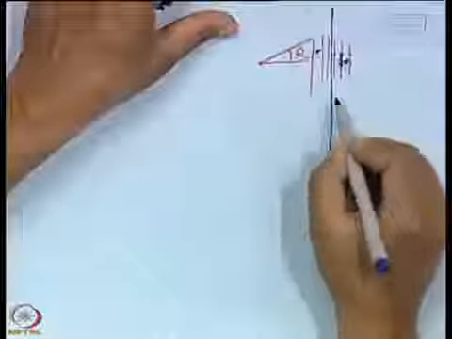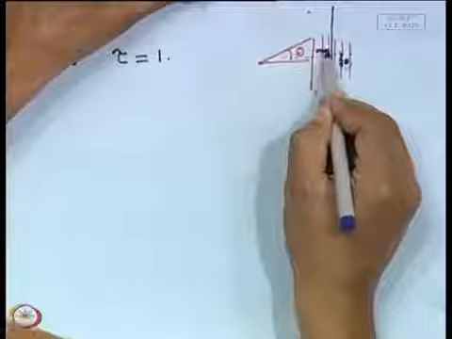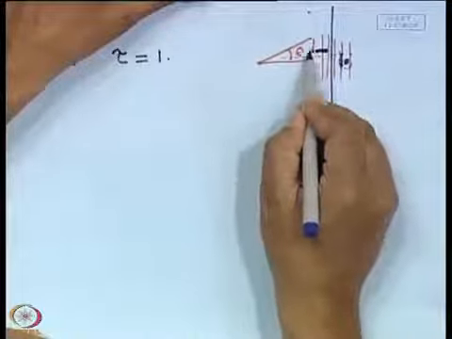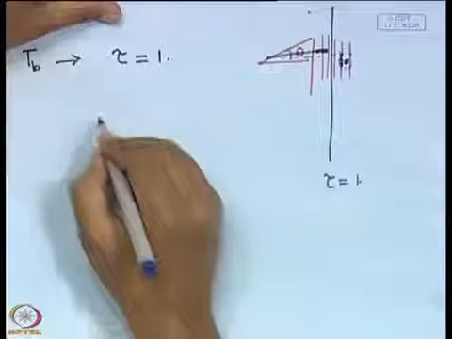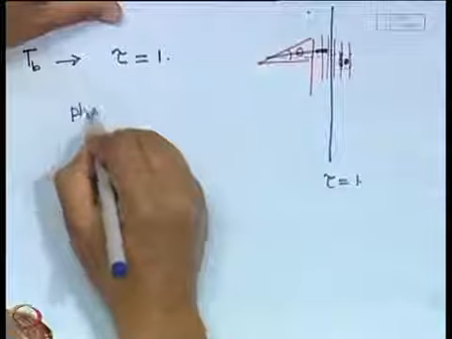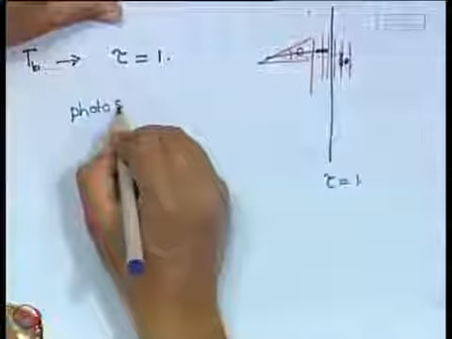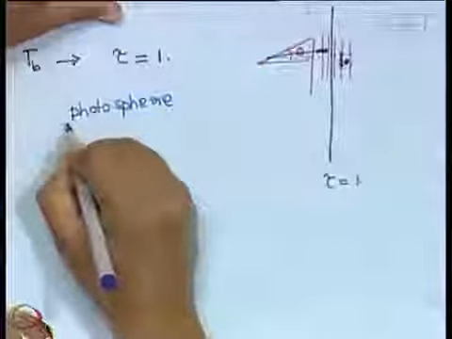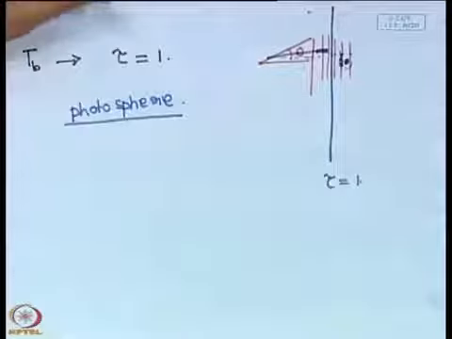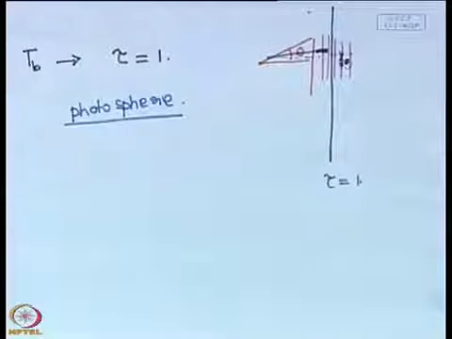So, let us say this is the point where the optical depth becomes unity, then you will see the radiation coming from this entire part where the optical depth is up to order unity. This region is called the photosphere. That is the part of the sun which you see from outside, all the way till where the optical depth becomes of order unity.